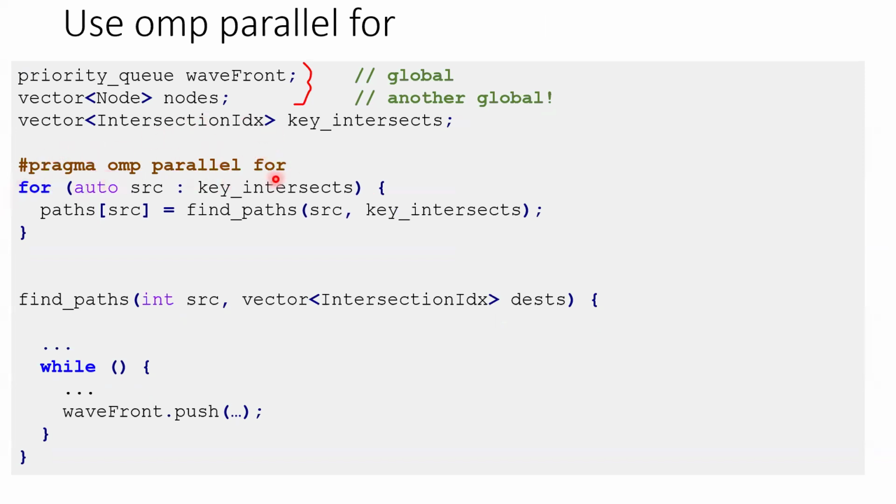Inside this for loop, we are calling find paths, the function that calls multi-destination Dijkstra and returns the path. Can anyone tell me, will this code work? Previously, it worked with a single thread.